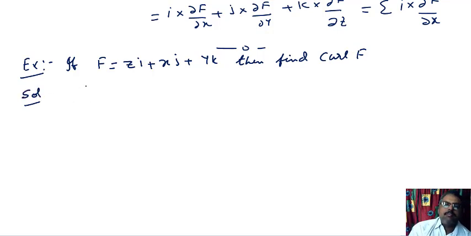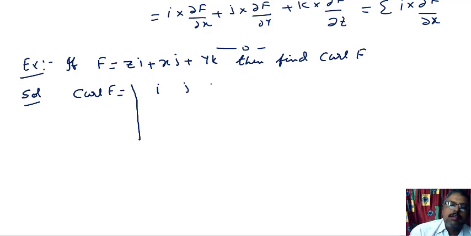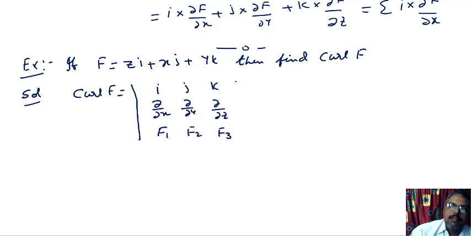How to find curl f? Curl f equals the determinant of i, j, k, dou by dou x, dou by dou y, dou by dou z, f1, f2, f3.